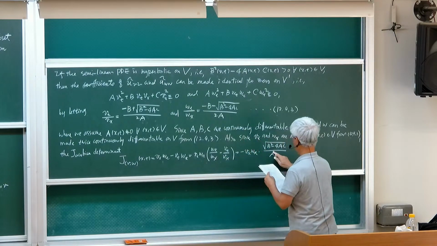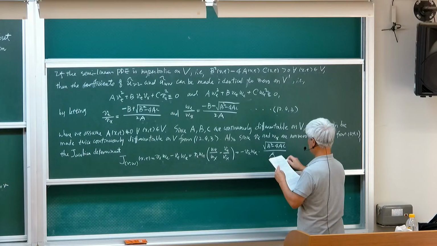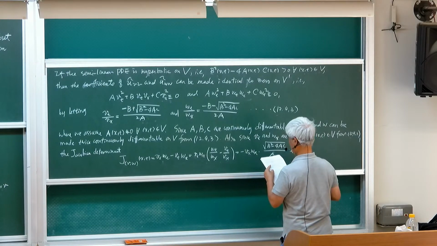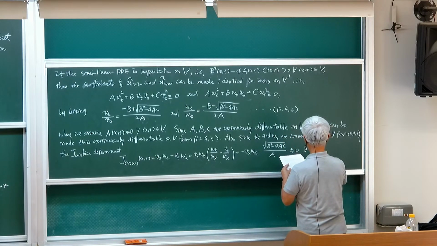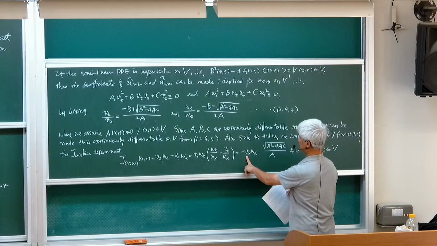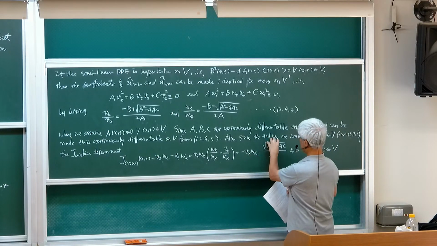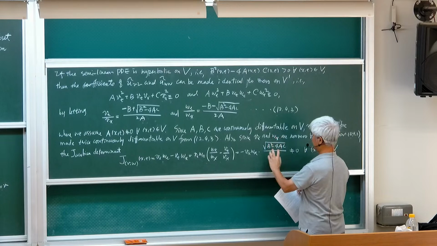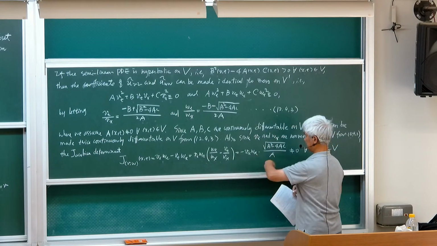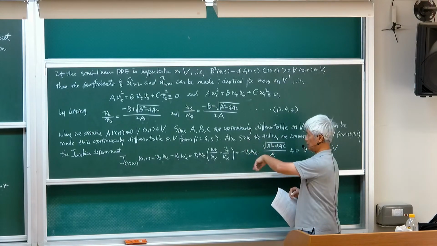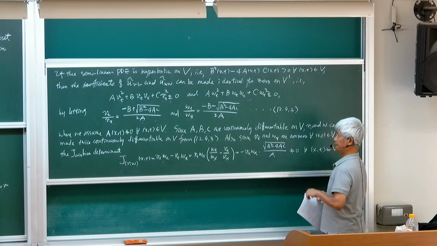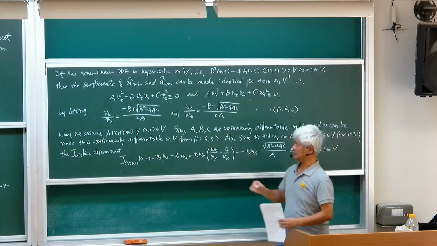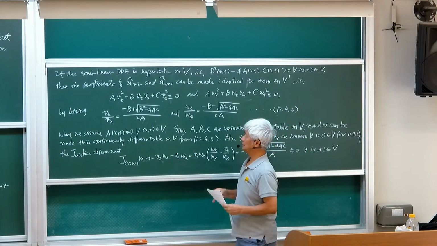And you can see that this is not zero for all points in V, because this is non-zero, this is non-zero, this one is positive, and A is non-zero. So you can see that this product is non-zero for every point in V. So now we can see the Jacobian is that.